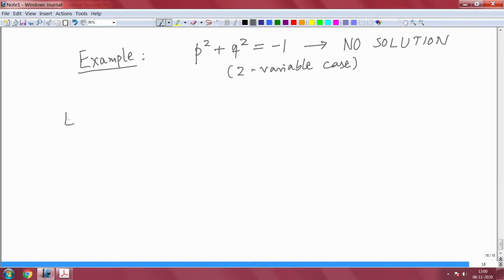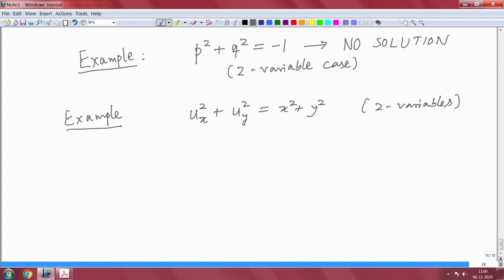So, another example. So, u x square, again 2 variables, let me write it. You can extend this to more than 2 variables. I am just taking a simple equation. I will come to the initial condition a little later.